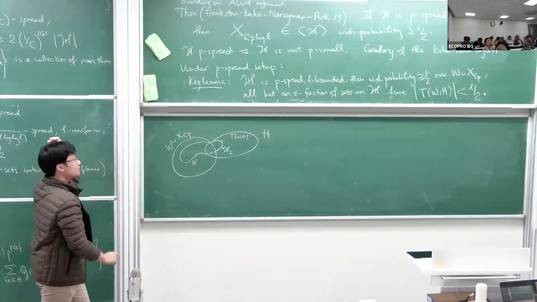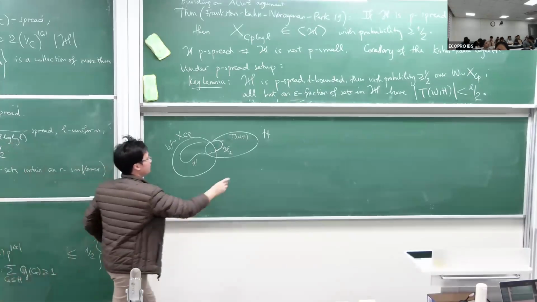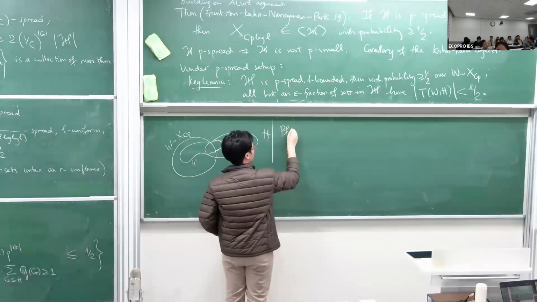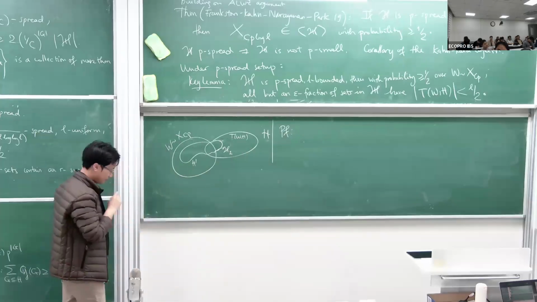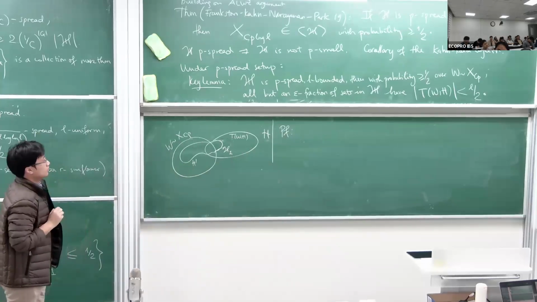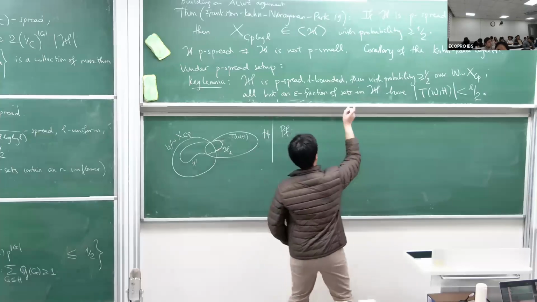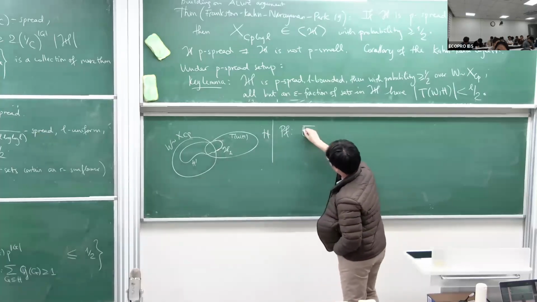Okay, so let's give maybe just a quick sketch of proof of this other version of the key lemma. Okay, so if I look at it in this way, what do I want to do?